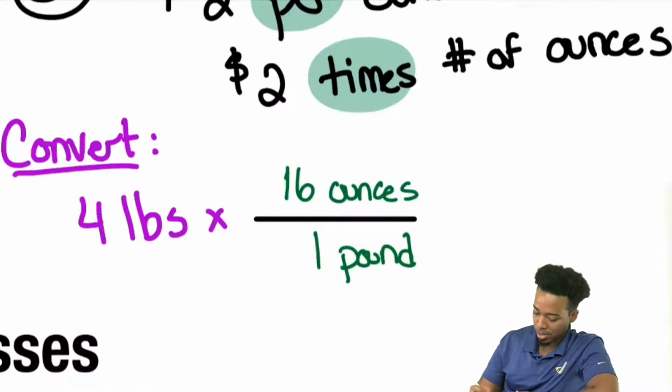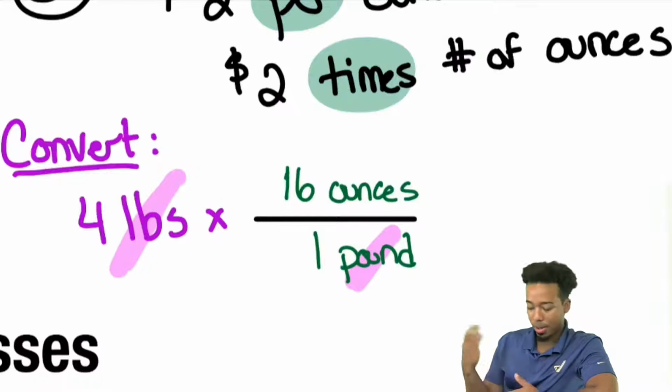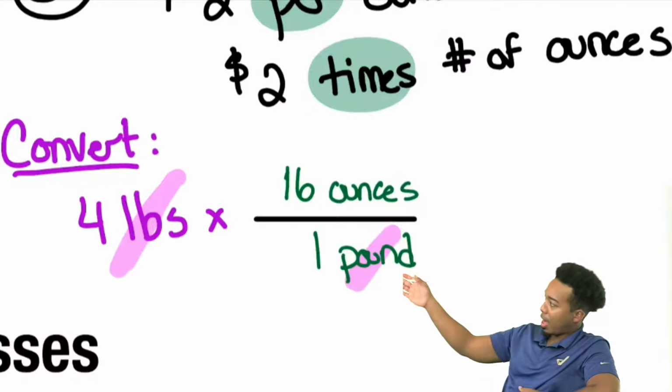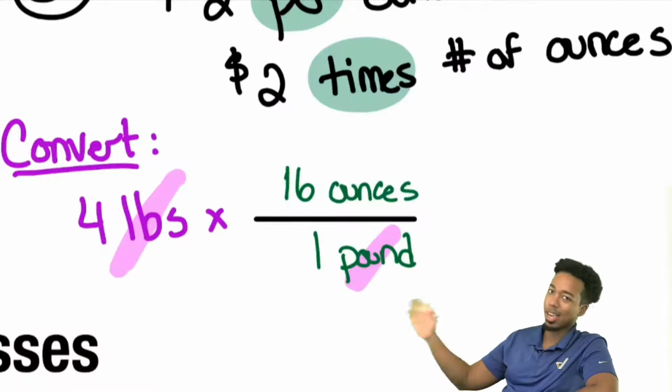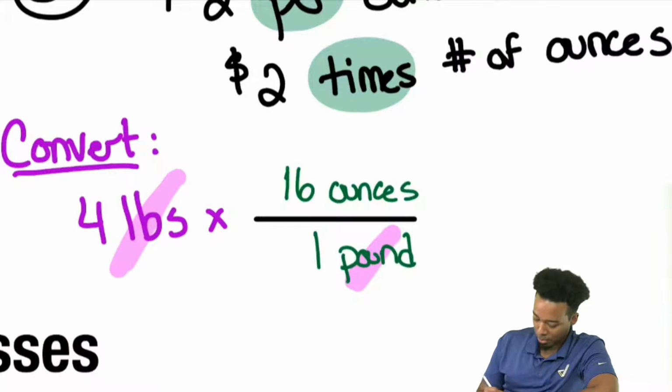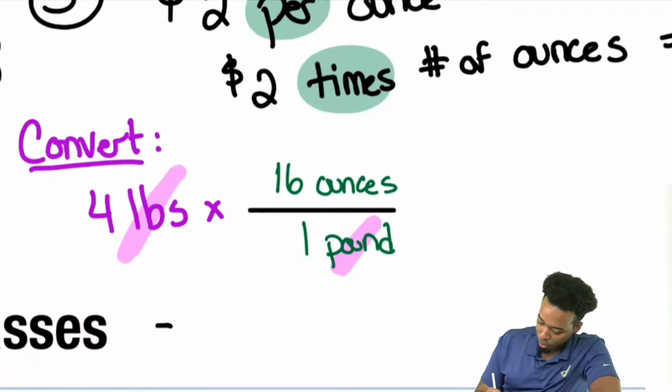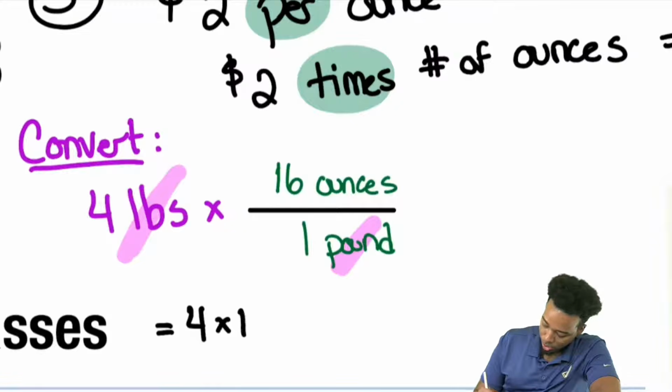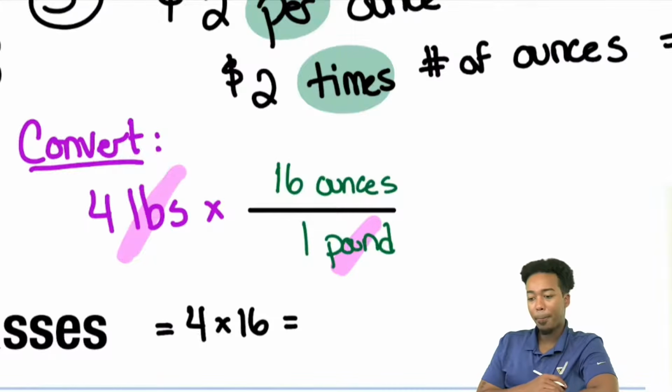Take a look at this right here. Pound on bottom and pound on top, that's gone. The LBS, that's pounds. It's the same thing. So those will cancel, giving you 4 times 16. 4 times 16 is what, everybody? 64 what?